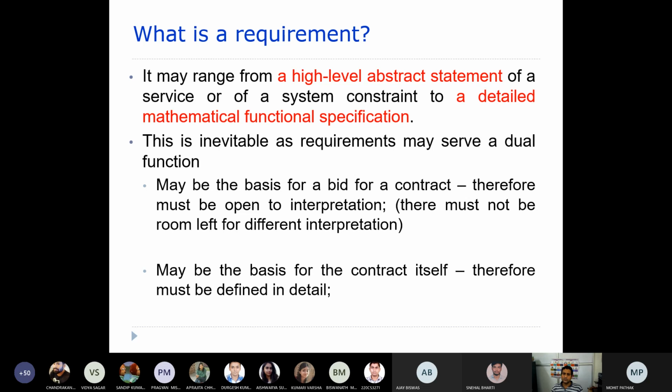We will see the one who goes with a lower price bid, and that company will be given the contract. So this is used for bidding a contract, as well as being the basis for the contract itself. Once the bidding is over and a company has won the bid, what will happen?